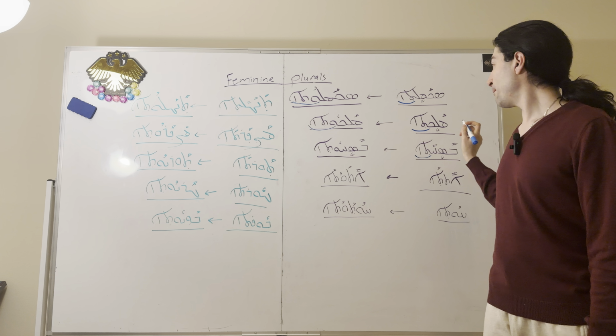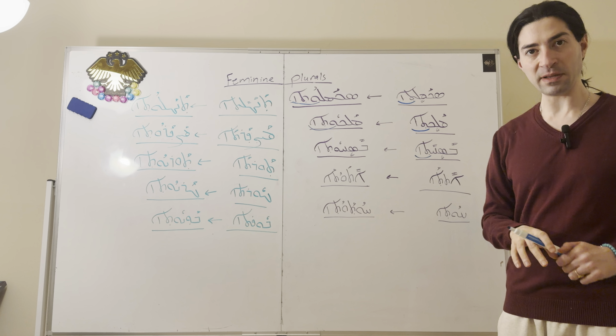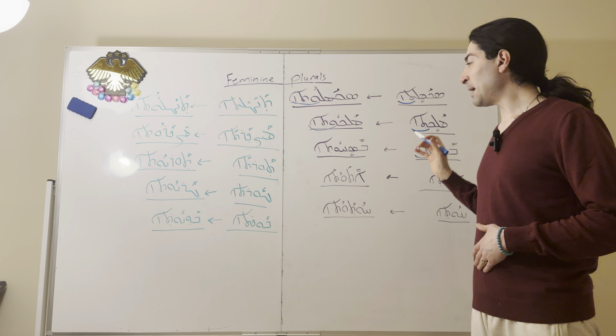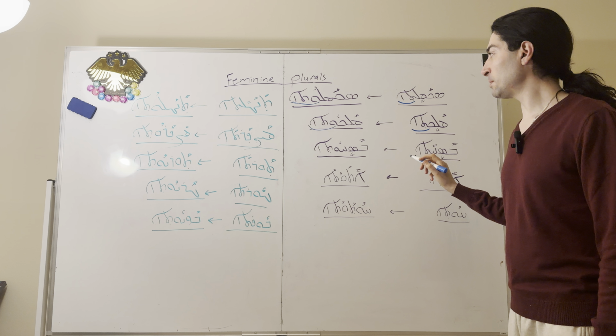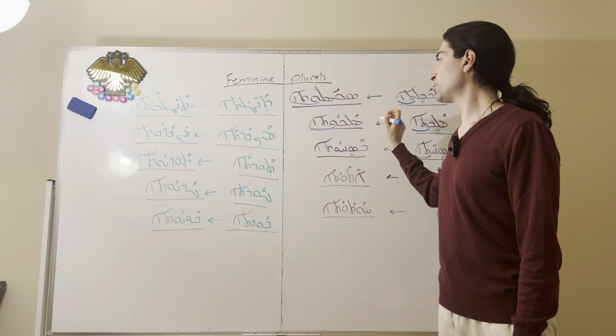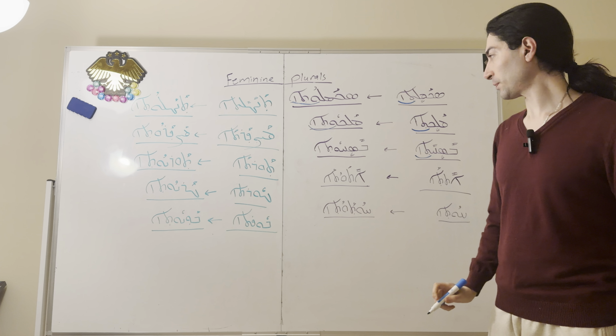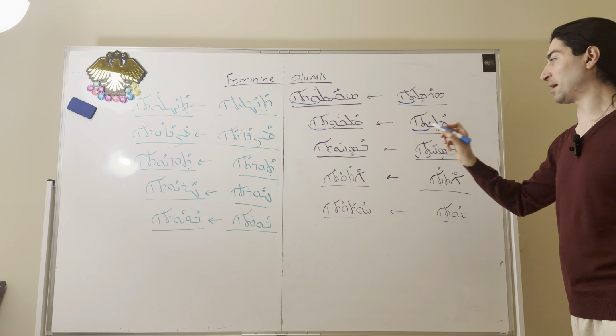Next we have Meliktha or Melichtha, depending on the dialect. That means queen. So we add an O before it and it becomes Melkutha or Melchutha. After that, we have the word Bisinitha.